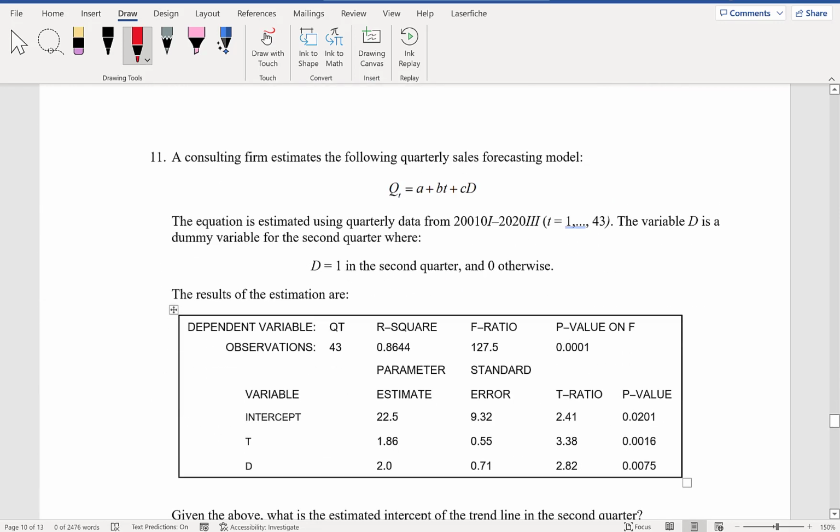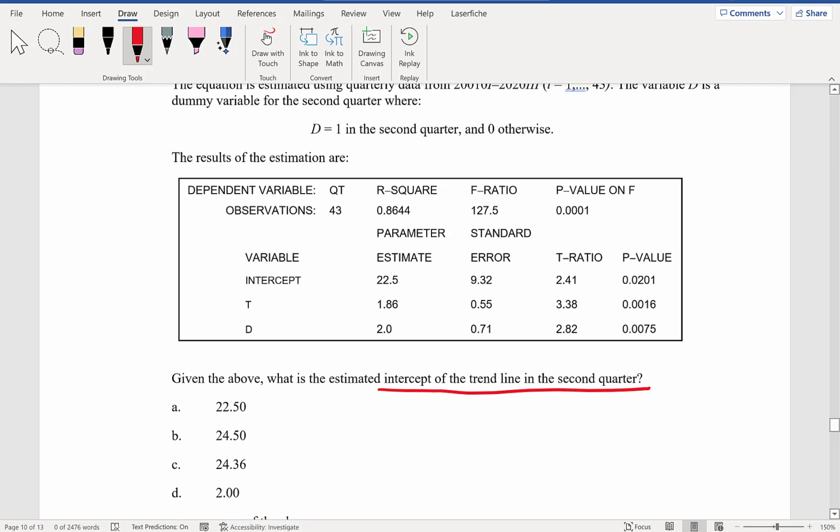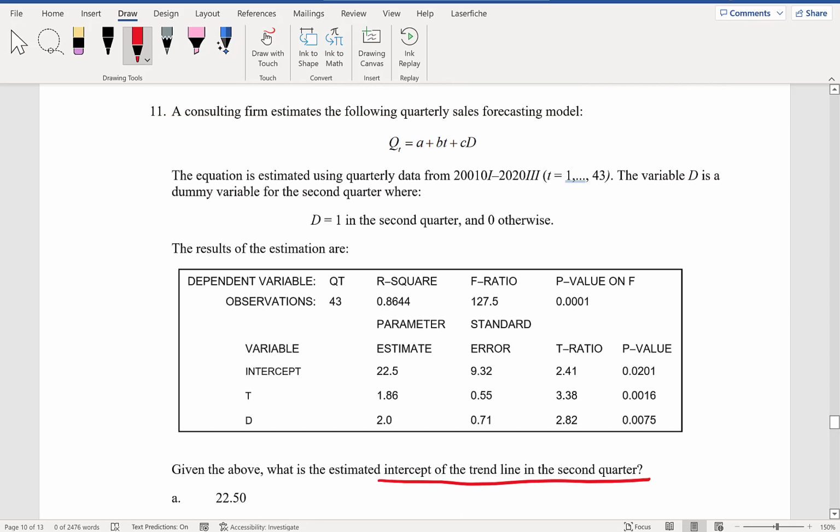Let's move on to question 11. Consulting firm, same setup. Given the above, what's the estimated intercept of the trend line in the second quarter? Okay, this is a little different. Intercept of the trend line. So let's write down this model.